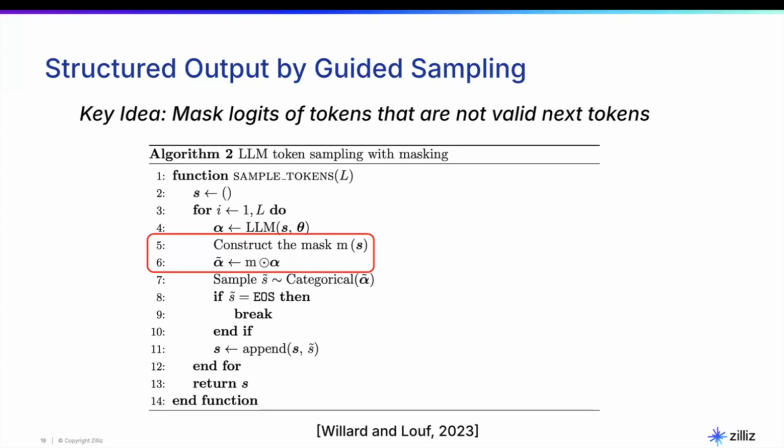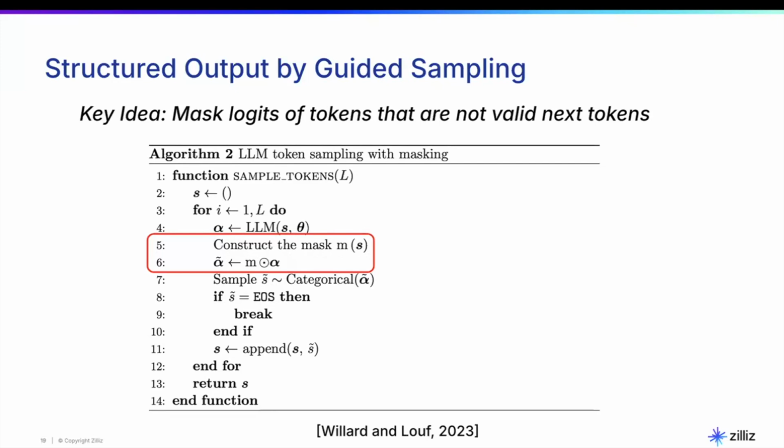Imagine you've sampled "the cat sat on the," and the large language model by itself might sample "mat" next. But maybe you don't want clichés in your output, so you say, okay, I'm going to black out that logit corresponding to "mat," and then get it to sample "table," wherever cats live.